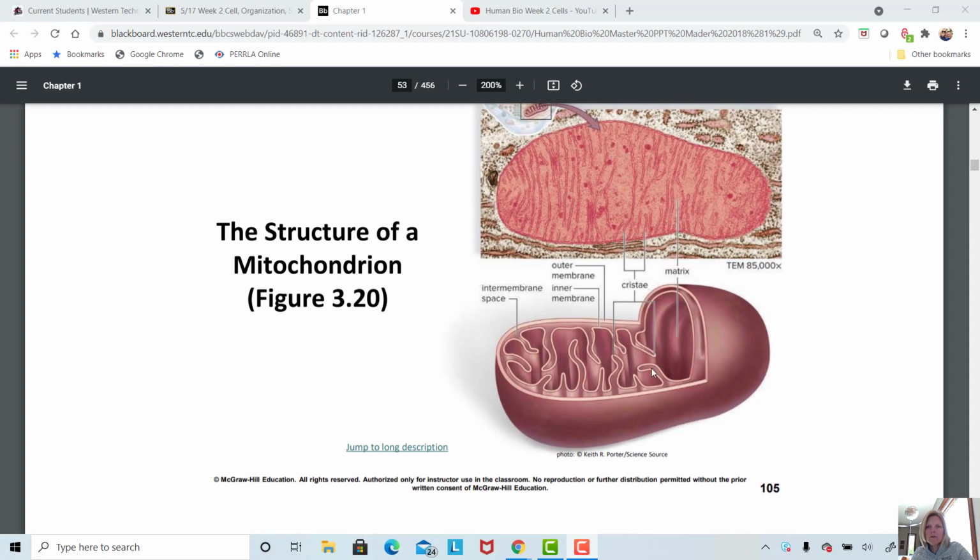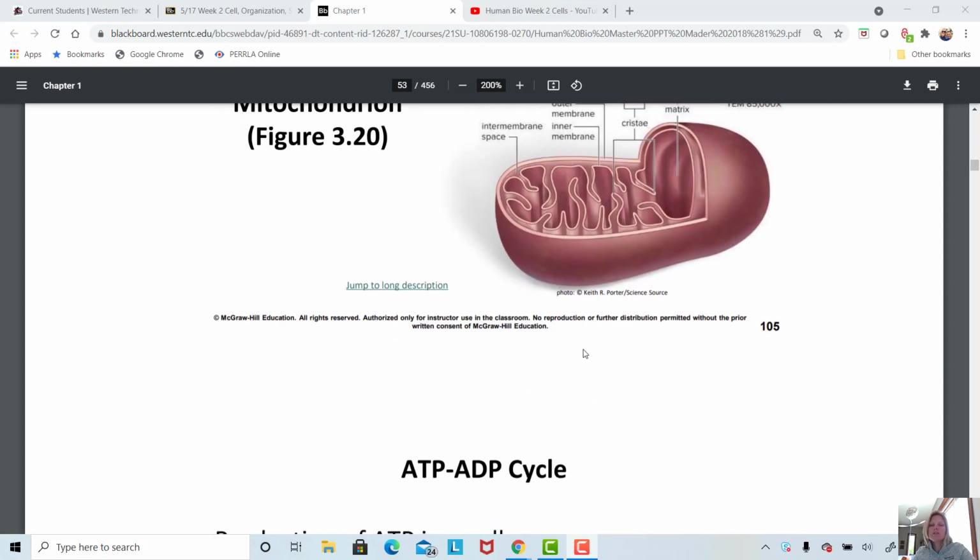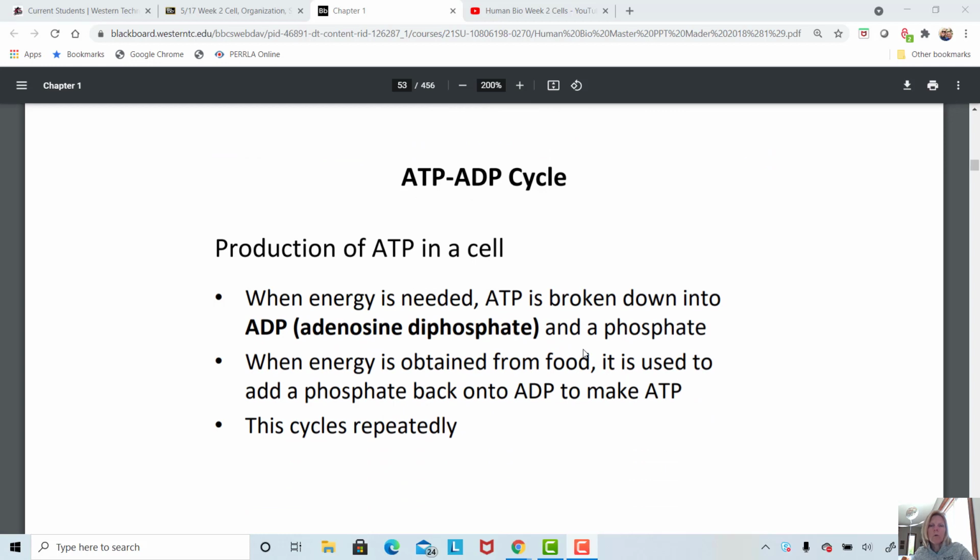So if we look at a mitochondrion, it has these membranes here on the inside. Those membranes are called cristae, and then we have just the open space, which is the matrix, and that's where this cellular respiration occurs. So when we make ATP, if we break off a phosphate, we get ADP, which instead of adenosine triphosphate, now we have adenosine diphosphate.